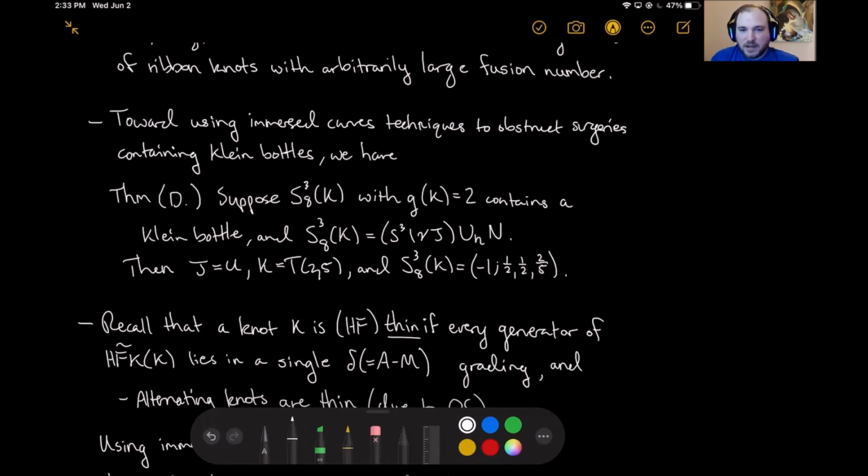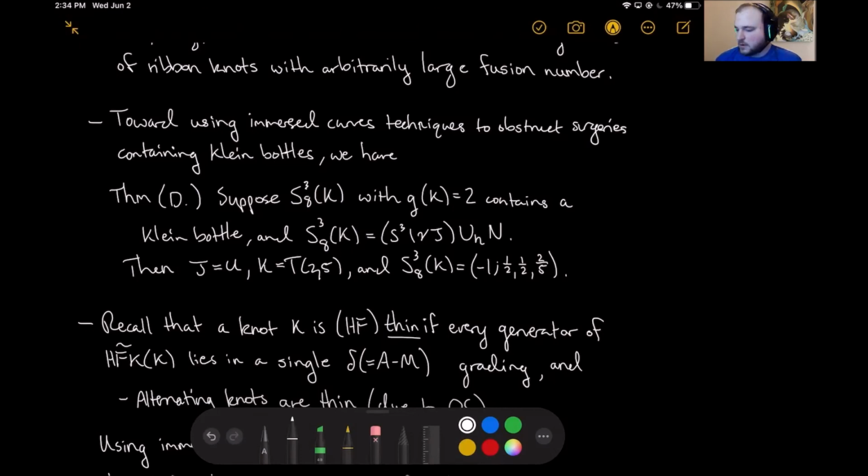And in this case, if your 8 surgery shows up as the twisted I-bundle on one end glued to a 3-sphere knot complement, and you also then contained a Klein bottle, it's a bit contrived, but then the result is that you must have been gluing a solid torus on, and in that case the knot has to be T(2,5), and then it's known the specific manifold that is output.